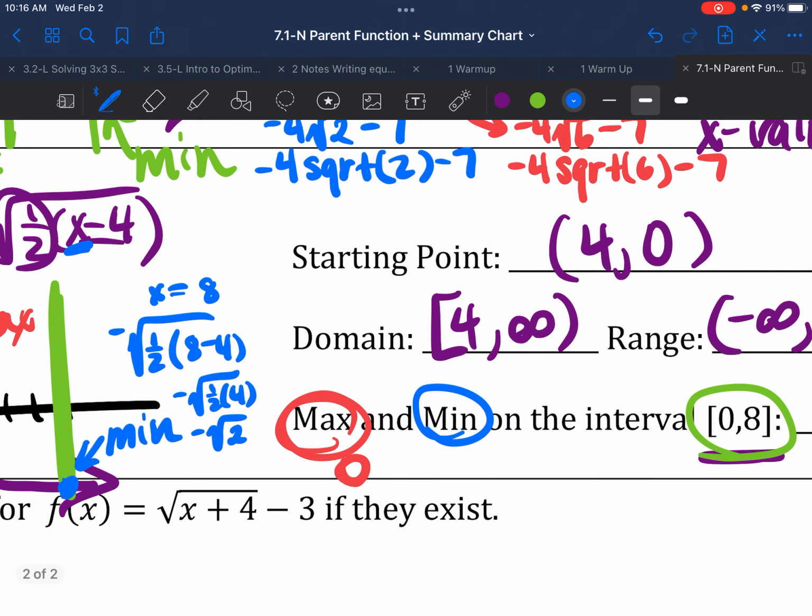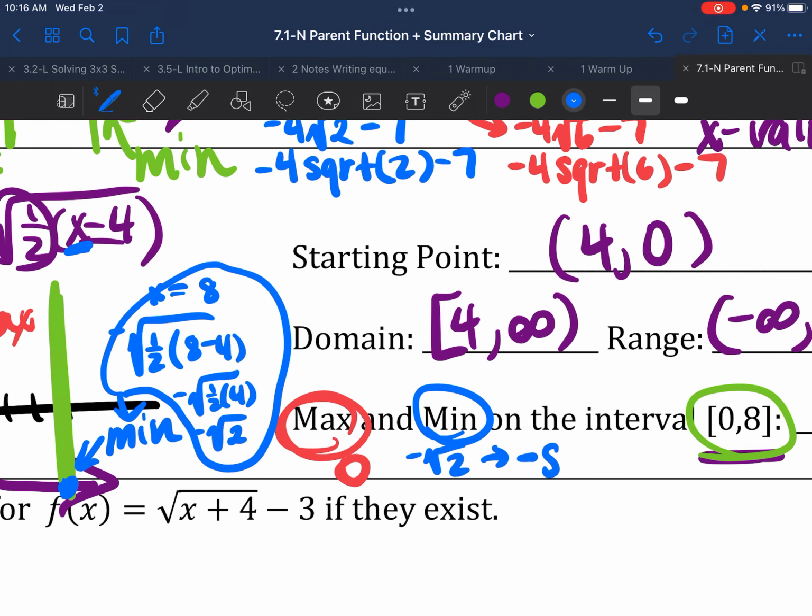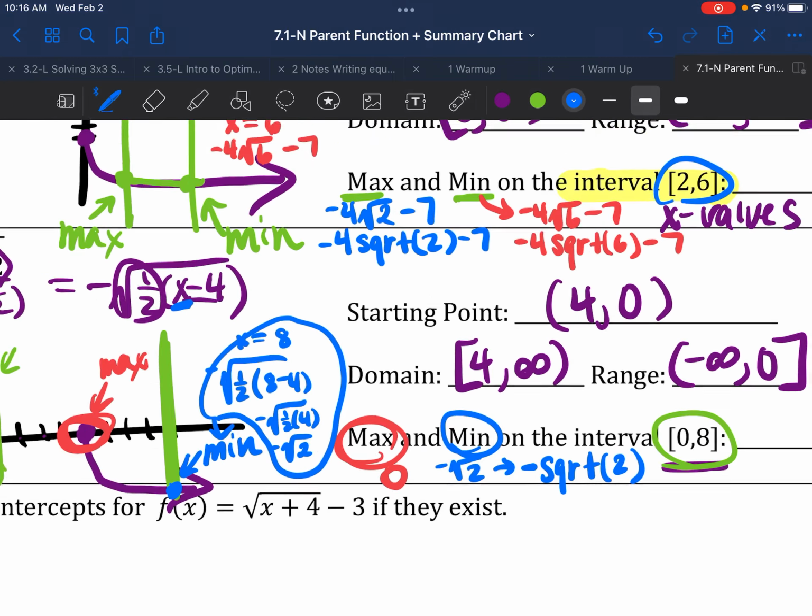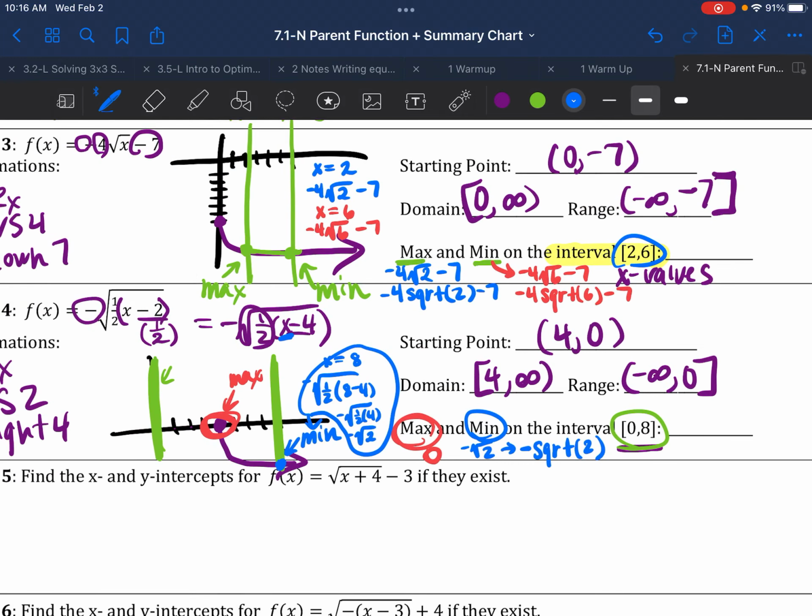And so square root of 2 cannot be simplified anymore. So that's as nice as that's going to be. And so this was all for the min. And so on Canvas, if they're asking for the min, I would say negative square root of 2. And so you would type that as negative, then your SQRT, then your 2. That's exactly what you would type on Canvas for the minimum.